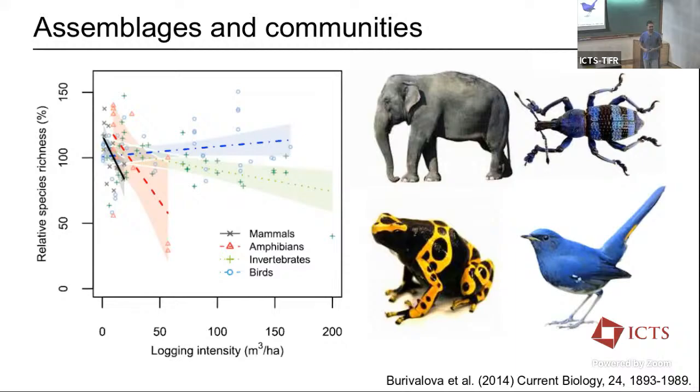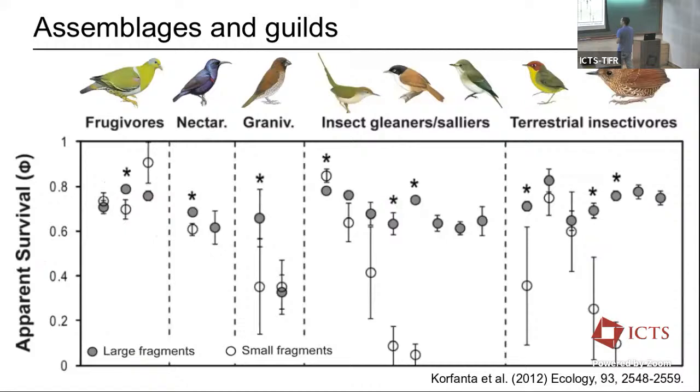I'm not really a community ecologist, right? So again, you'll see this very often, right? You'll see this with bird communities. You'll see this with things like how does the bird community respond to habitat fragmentation? And then within the bird community, we'll start dividing up species into what are called guilds.